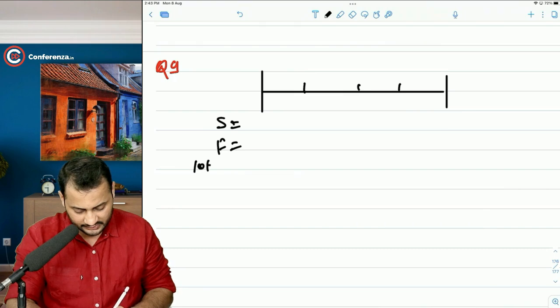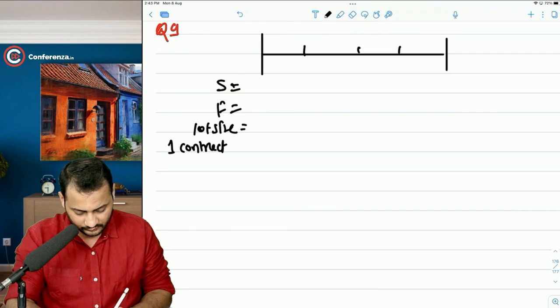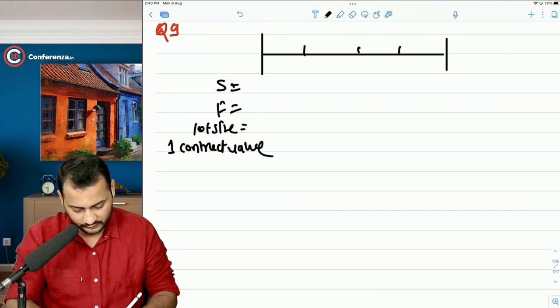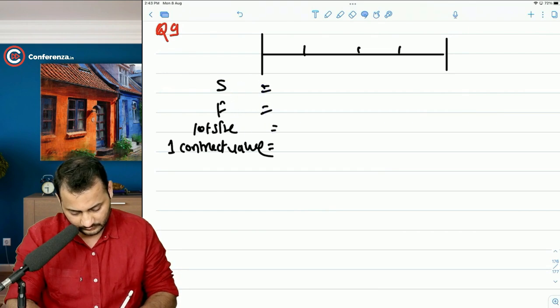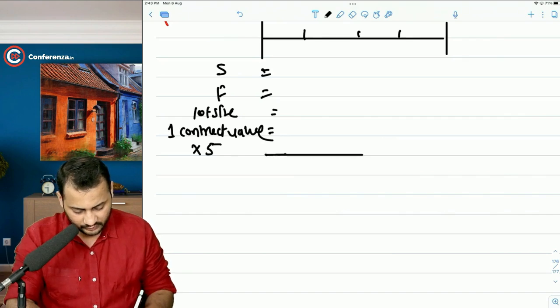This is a lot size. When you multiply the forward price with the lot size, you get the one contract value. Okay, cool. But when you multiply it with the 5 contract value, you got the answer as 9 lakh rupees.